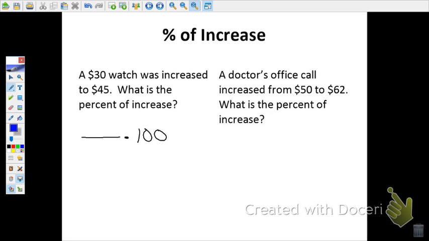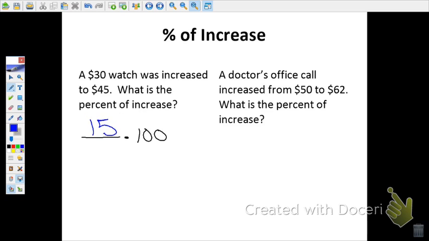In the numerator of our fraction, the formula up at the top of our page says we need the change. Okay? If our watch price went from $30 to $45, what was the change in price? $15. You're going to take the difference, you're going to subtract those two to find the change.